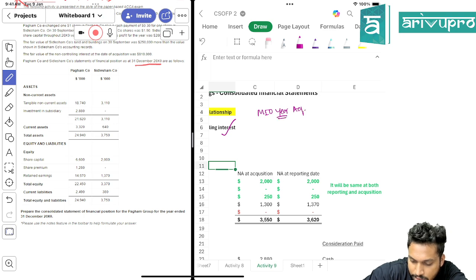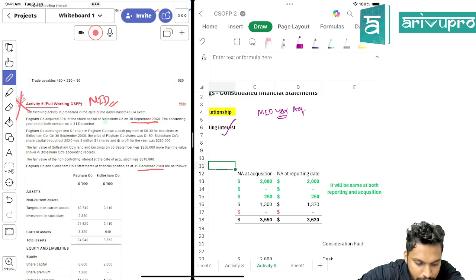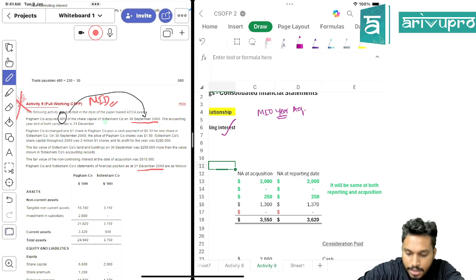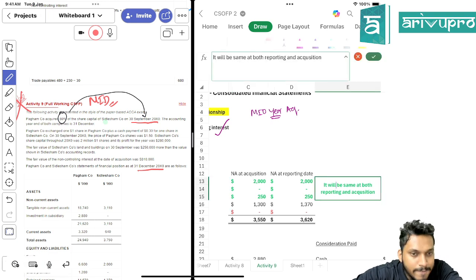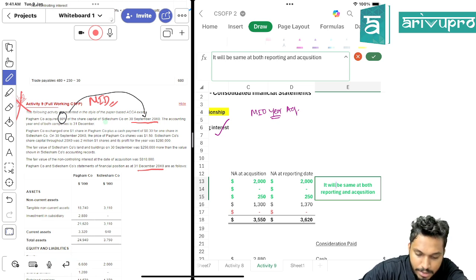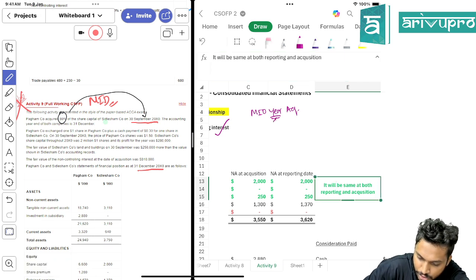When are you purchasing this company? When are you investing in this company? P company acquired 80% of the share capital on 30th September, which means from October to December only is your period, isn't it? 30th September 2010. So 3 months is the post-acquisition period, 9 months is the pre-acquisition period.